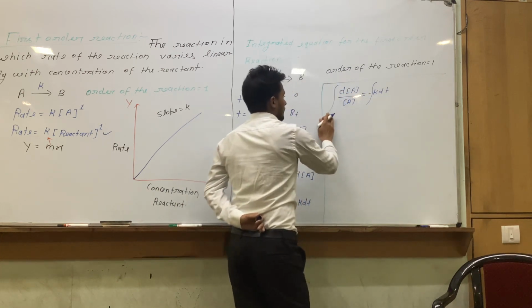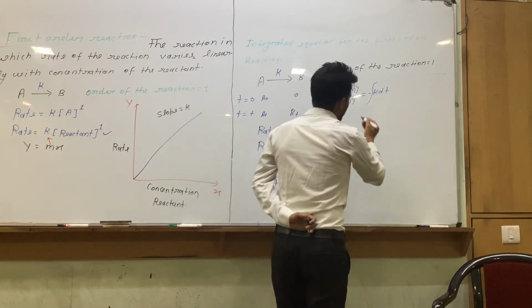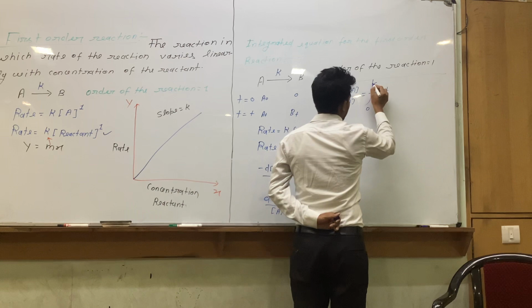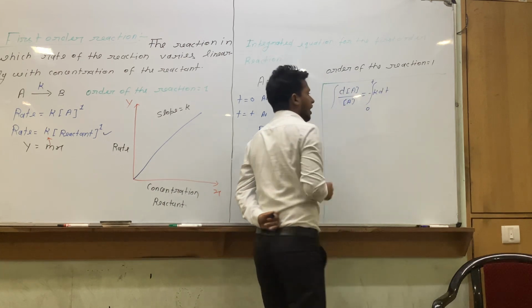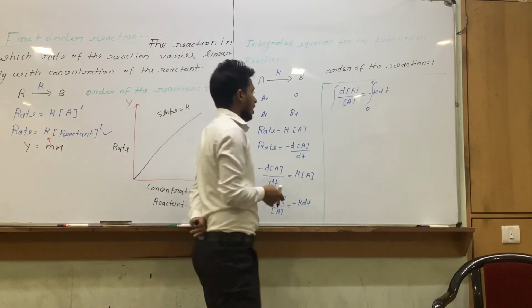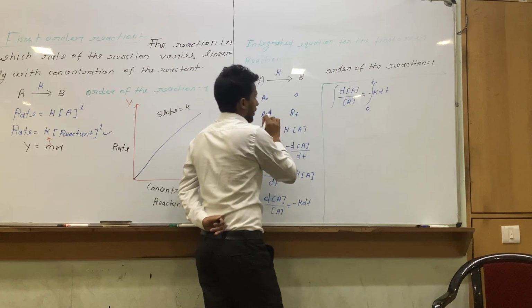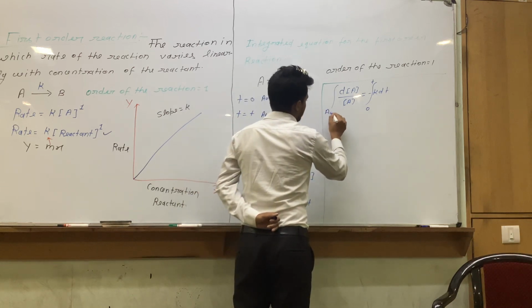On this side we integrate with respect to time, and time changes from 0 to t. And on this side I integrate with respect to the concentration of reactant, and the concentration of reactant changes from A naught to At.